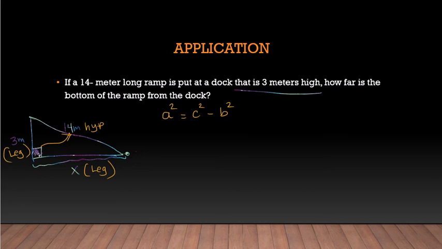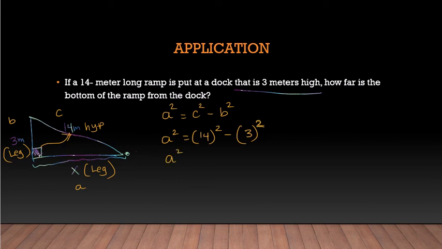So this is going to be A, B, and C. Now C squared is 14 to the power 2 minus B, which is 3 to the power 2. Brackets are not necessary, but you can put them if you want.